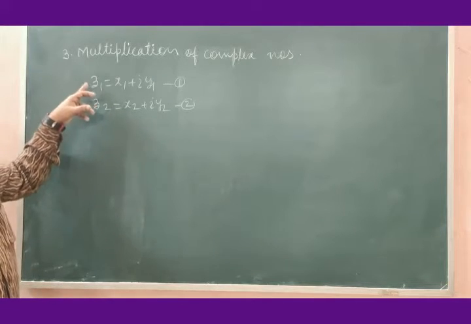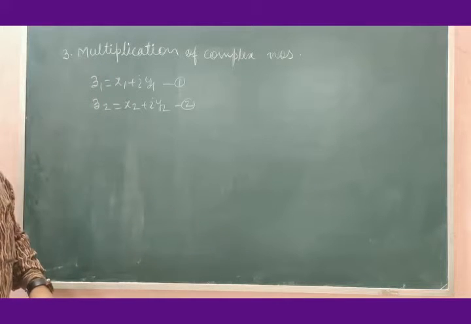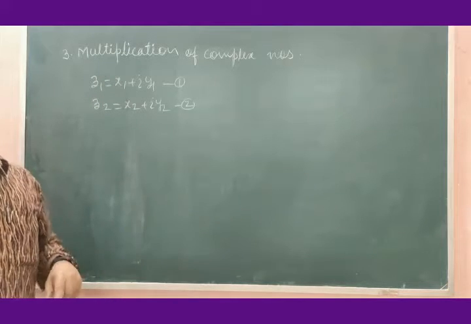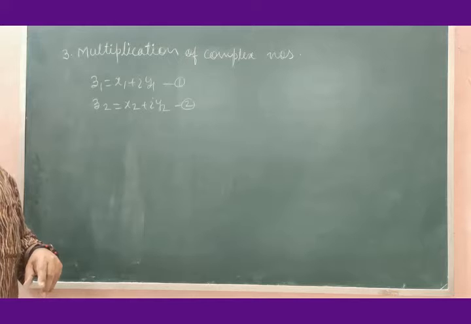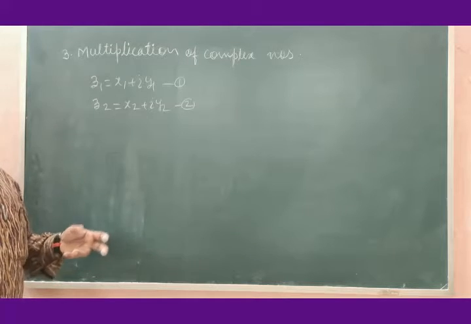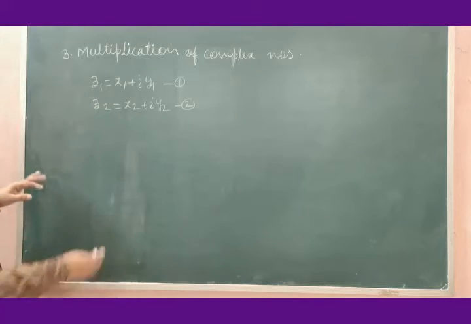If we take multiplication of these two complex numbers, the result will be a complex number. Let us try to find the product of these two complex numbers.